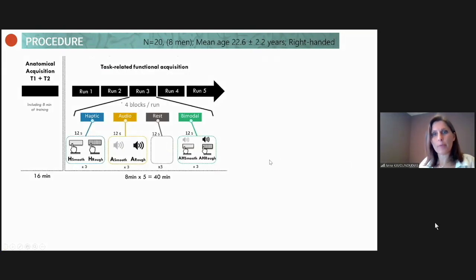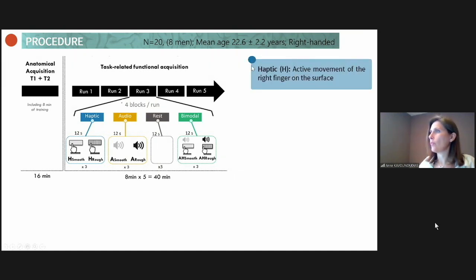Here is the full experimental procedure we performed during the fMRI acquisition. We had 5 runs, and each run was composed of 4 blocks. One block was a haptic block, during which participants performed active movement with their right finger.